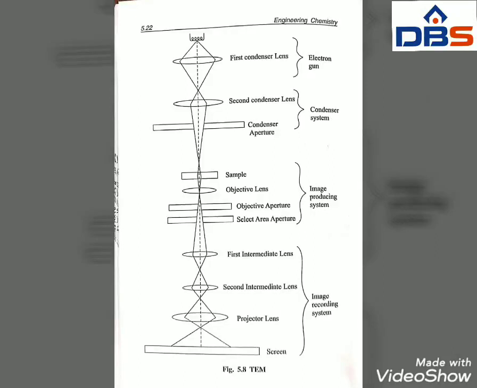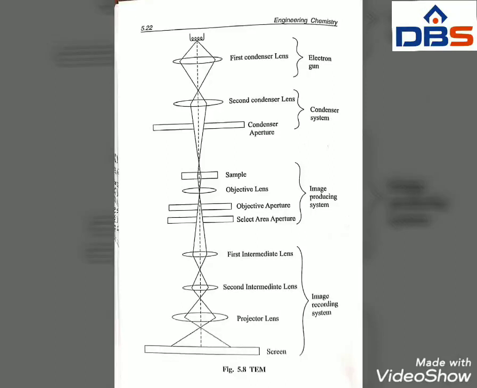Transmission electron microscopy is capable of imaging at a significantly higher resolution than light microscopes. It finds very important applications in cancer research, virology, material science, nanotechnology, the health department, and semiconductor research also.